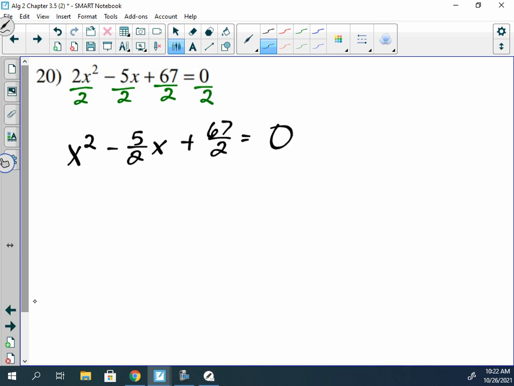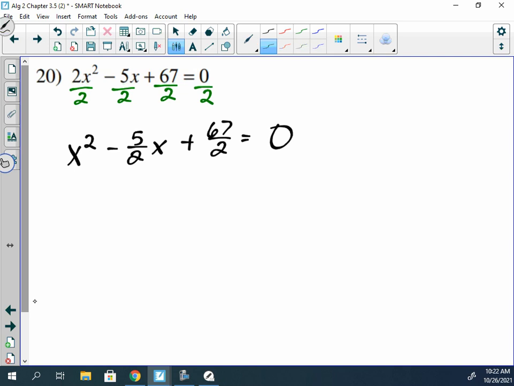And I'm showing you this because we could have skipped over this and been just fine. But this is one of the biggest drawbacks to completing the square. If we have an A different than 1, and every single term is not divisible by that A, it gets a little funky. It doesn't get more difficult. We just have to deal with fractions.